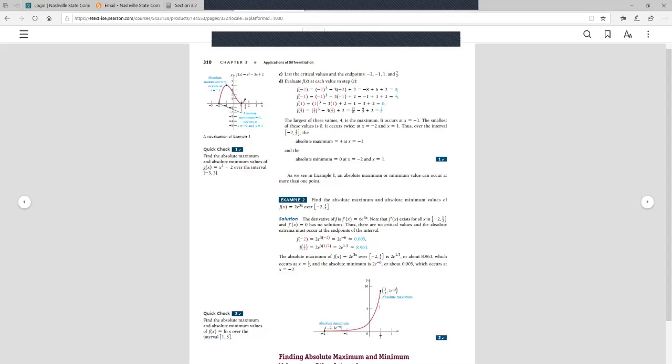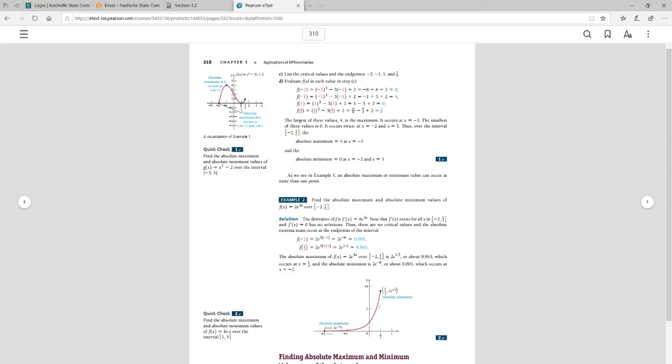If we have no critical values, the only thing we really have to do is check the y values at the endpoints. So plug in -2 into the function. If you plug -2 into the function, you get about 0.005. And if you plug 1/2 into the function, you get 8.963.